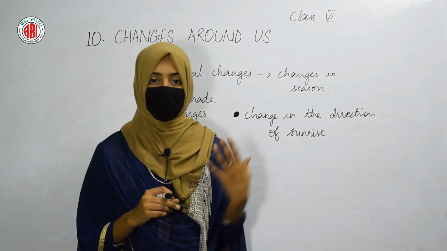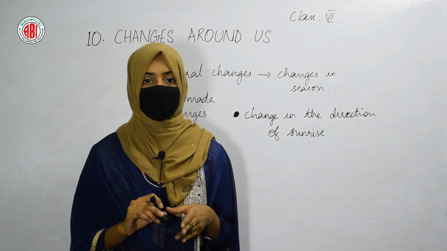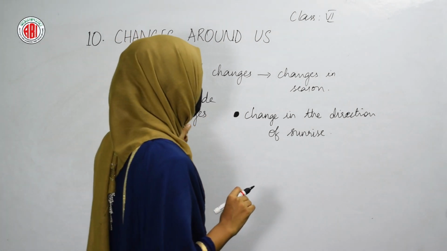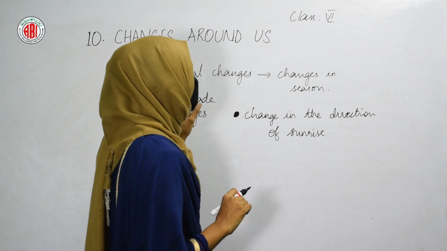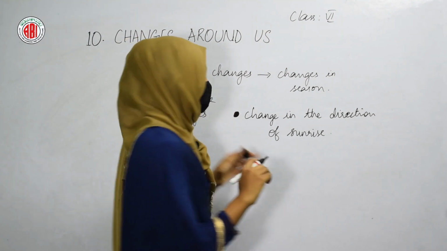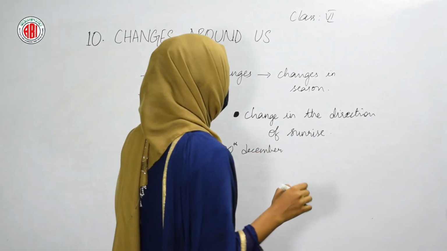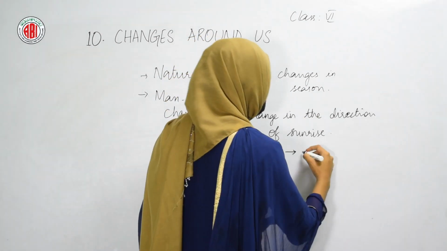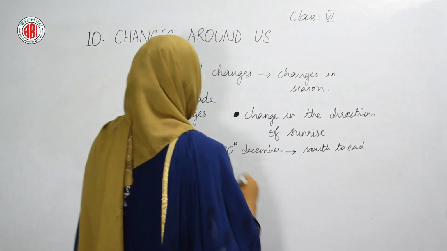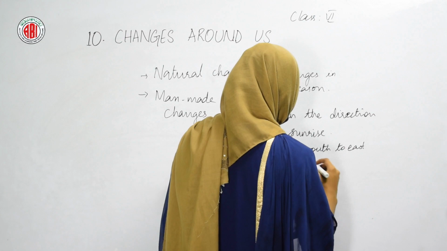You might know that the sun rises in the east. The sun always rises in the east, but there are some changes that can be seen in the direction of sunrise too. From 20th December, we can find that the sun rises more towards the southeast, and from 15th May, the sun rises exactly in the east.